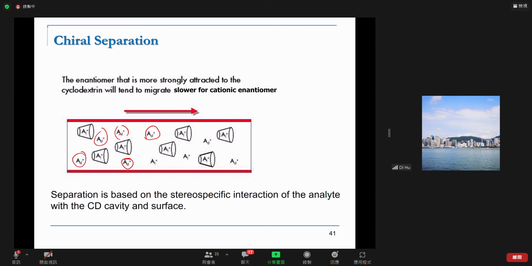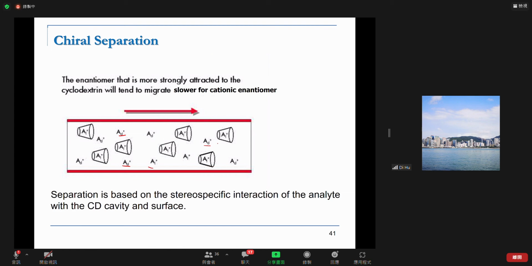So only one enantiomer, one chiral isomer, can get in, which is the L form, not the D form. Because the CD has the activity for chiral separation, one particular isomer gets into the CD, and the other form is left in the mobile phase.